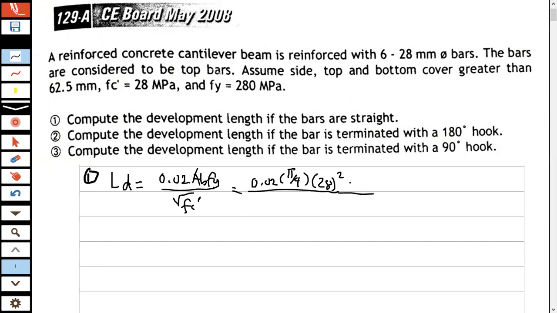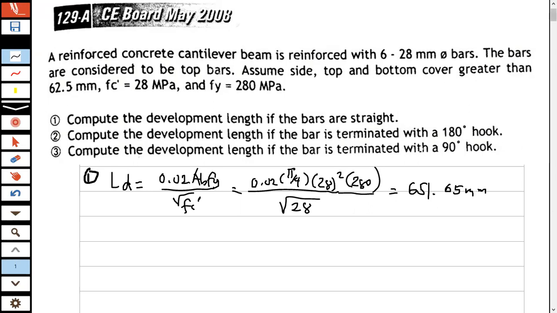Okay, that's area of the bar, and then Fy is 280 Newton millimeter squared, megapascal, and then you have Fc prime 28. Now we have LD equivalent to 651.65 millimeter.